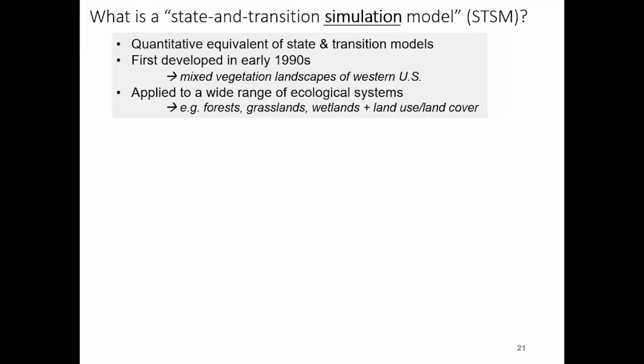It's before my time, before Leonardo's time, but during the time of some of our colleagues in the early work of this stuff. And it was really driven by some scientists in the Western US who were faced with trying to model mixed vegetation communities. This is in the Western US, where you have mixed shrublands, grasslands, woodlands, all interspersed on a landscape.